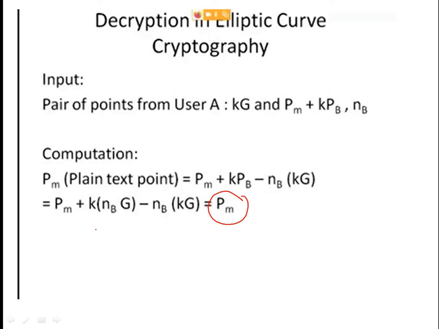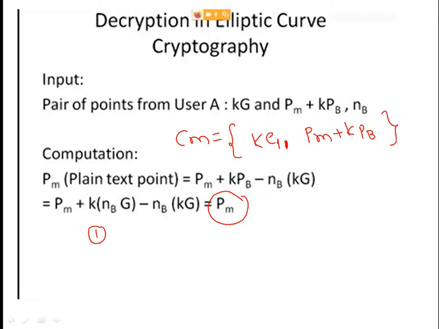So what happens at the receiver? The ciphertext is like this. It has a pair of values. The first one is kG, the second one is PM plus kPB, right?